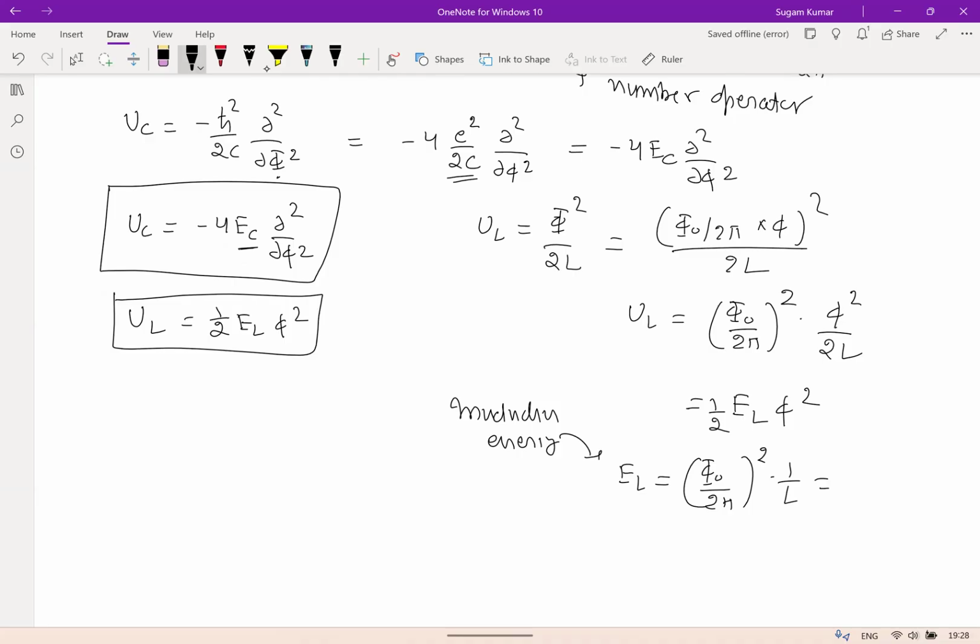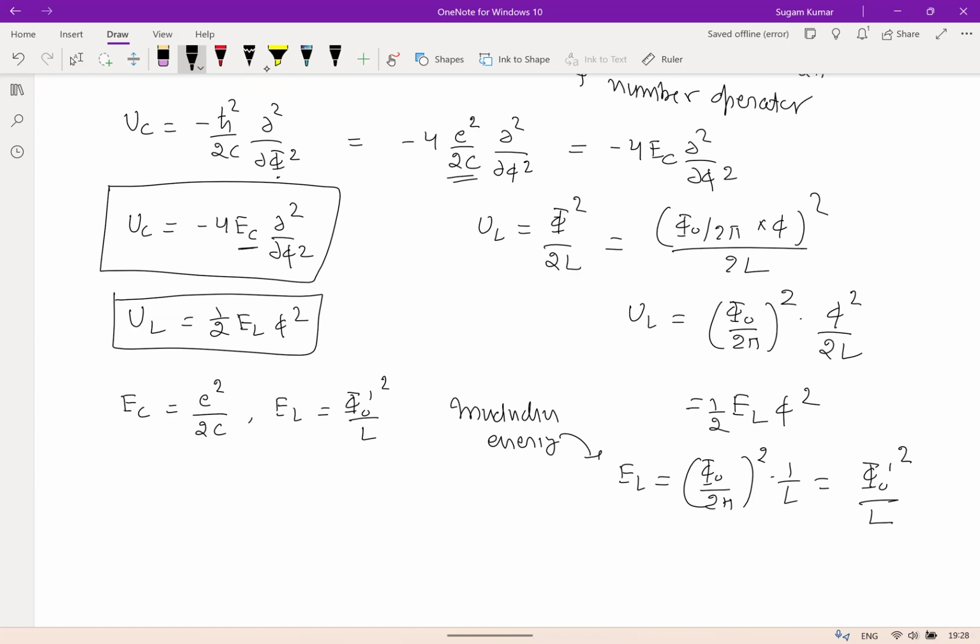Even you can write it this way, phi naught dash whole square divided by L. So what you need to understand is that these are the two equations you have, and here this EC is e square by 2C, and EL is nothing but phi naught dash square upon L.